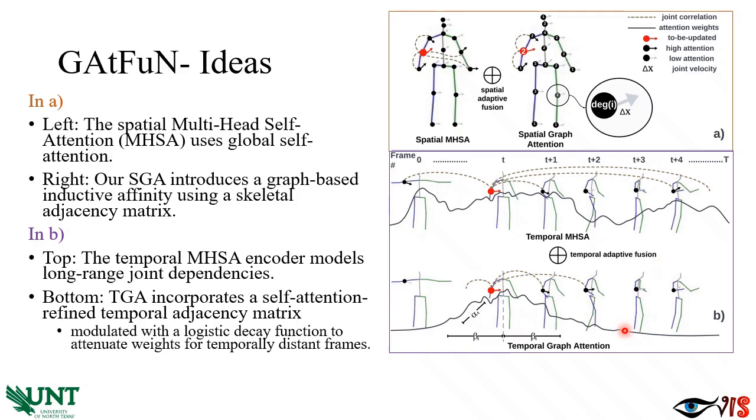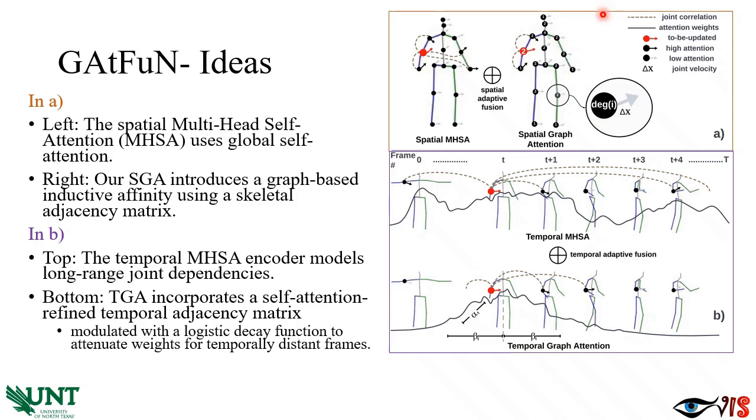And in B, on the top, the temporal multi-head self-attention models the long-range joint dependencies. And in the bottom, the temporal graph attention incorporates a self-attention refined temporal adjacency matrix, which is modulated with a logistic decay function to attenuate the weight for temporally distant frames.